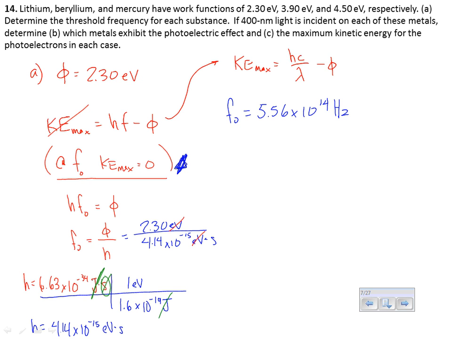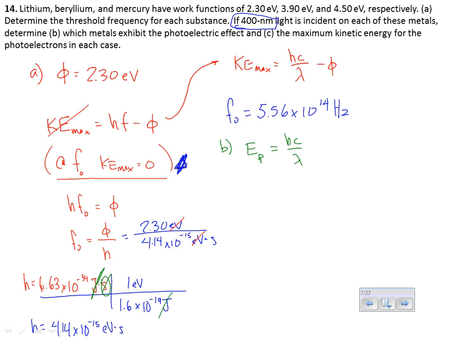Now, which of the metals exhibits the photoelectric effect? Say 400 nanometer light is incident. I'm going to look at the energy of a photon at that wavelength.